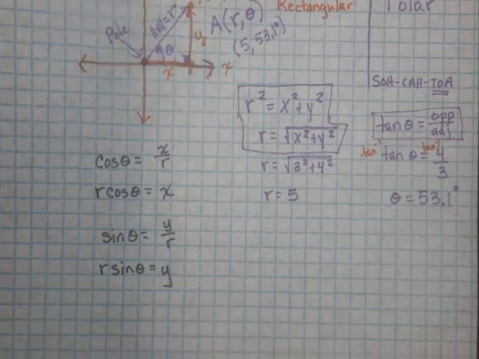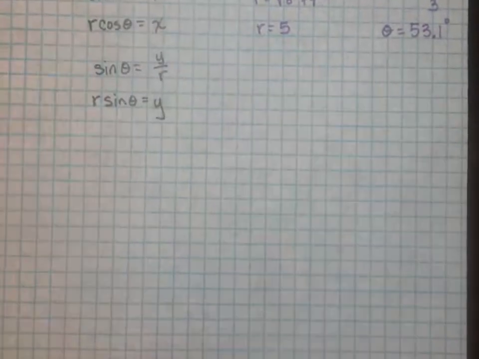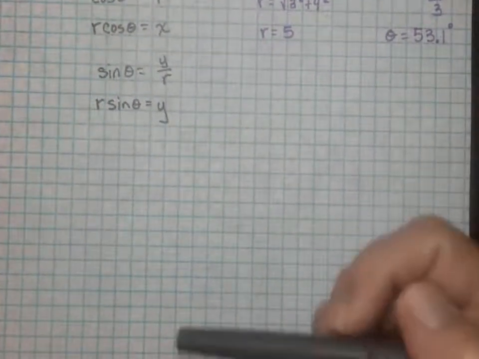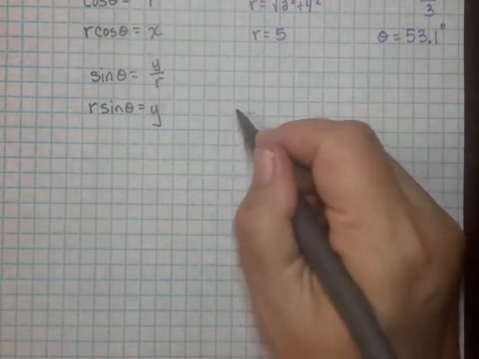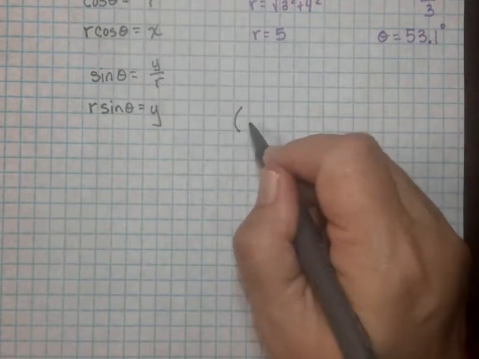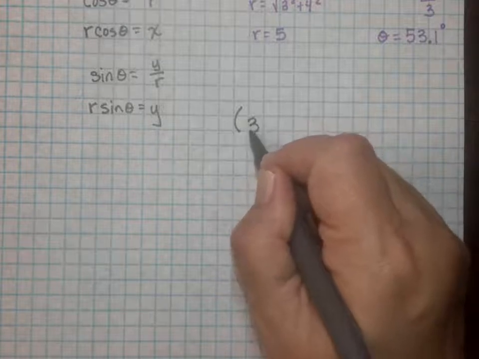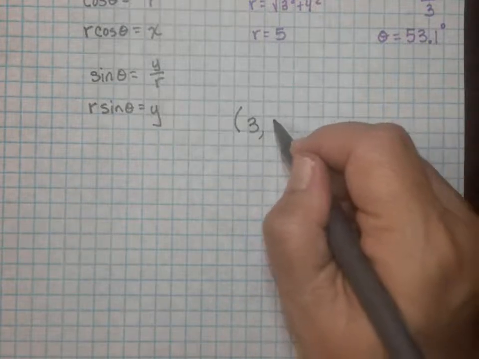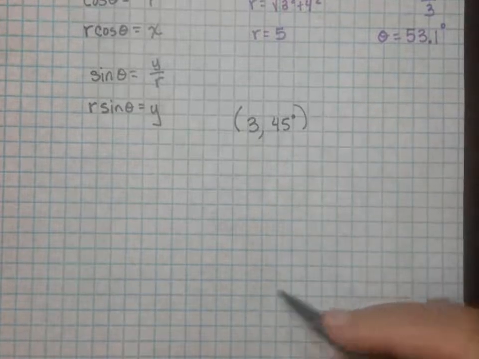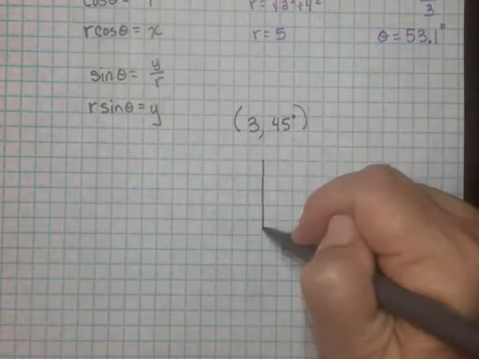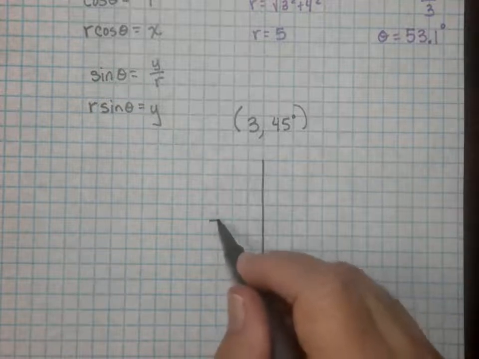All right. Let's just say that we had a point and we wanted to graph it in polar. Let's say I gave you the point (3, 45 degrees). How would you go about plotting that point?